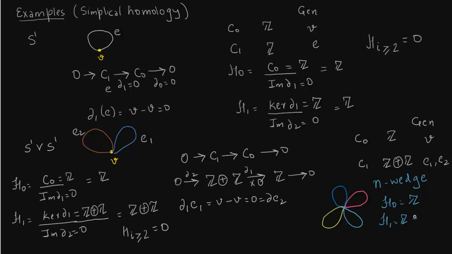So as before, the homology group H1 for n wedged circles is just Z, n times. And higher homology groups, for i greater than or equal to 2, are just 0, because there is no cell in higher dimension.